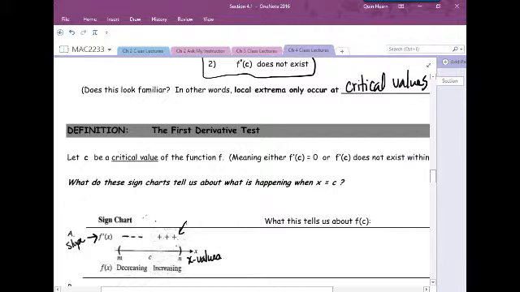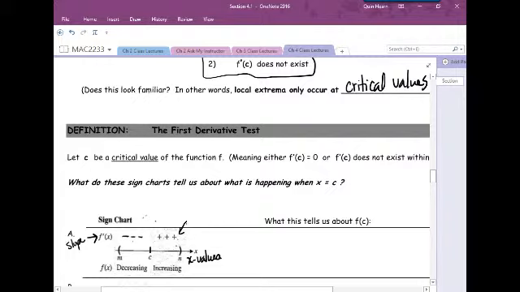And when our first derivative is positive, that's the slope of our function f, so that tells us that positive slope means f is increasing. So we'll be able to use sign charts to tell us what the shape of the graph looks like, but moreover, where we can find those extrema.